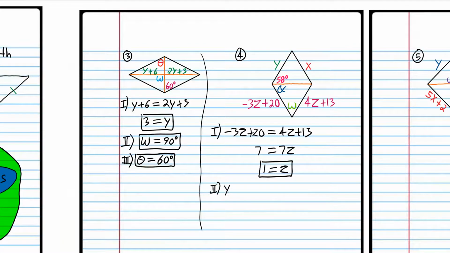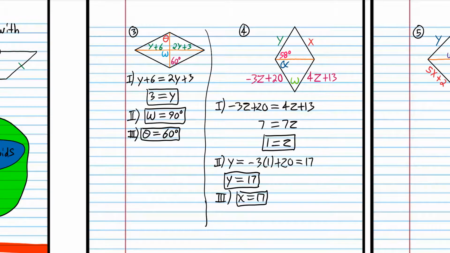And now we're going to find y. Y is equal to, I can just use any one of those. I'll use -3 and then plug in 1 for z. And so we get 17. So y is 17. And x must also be 17 because all the sides are congruent.